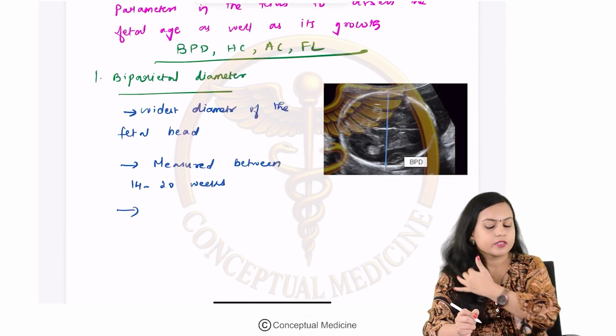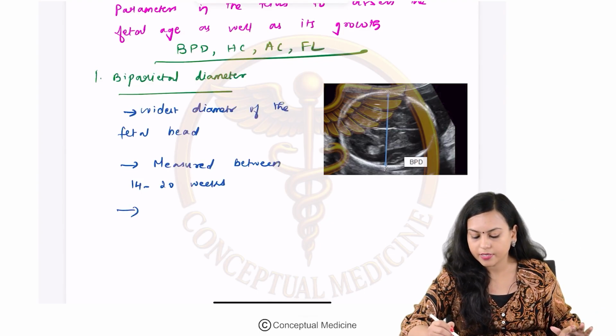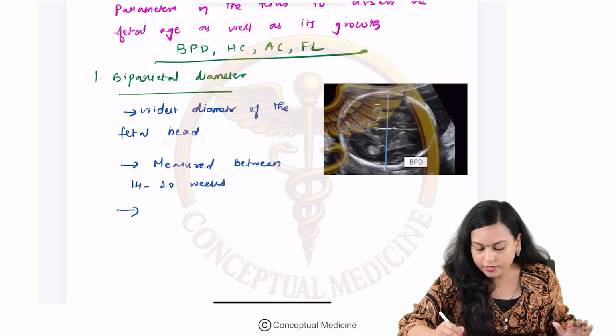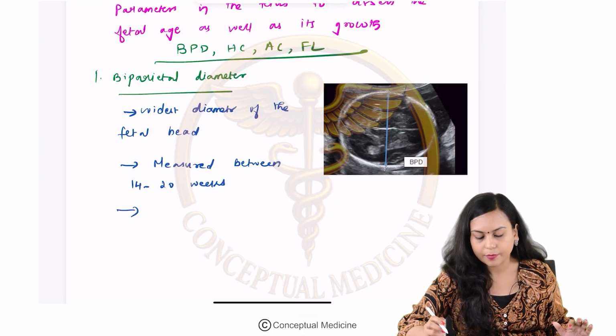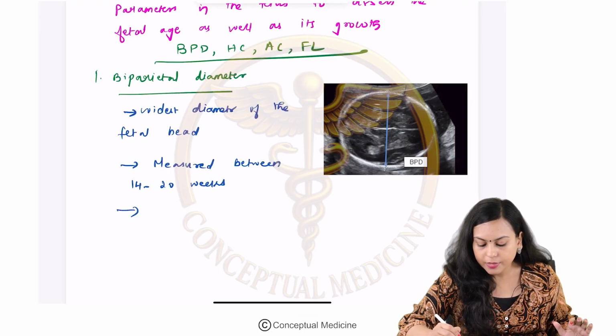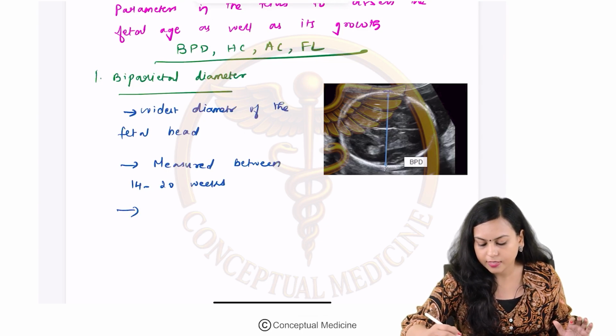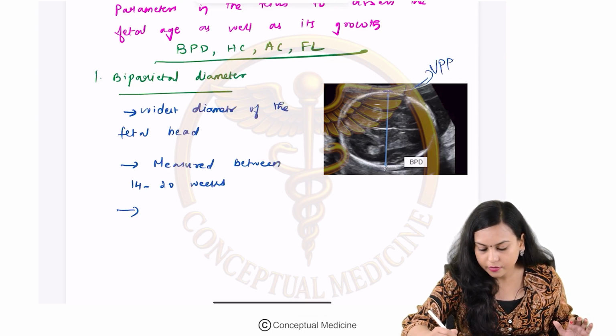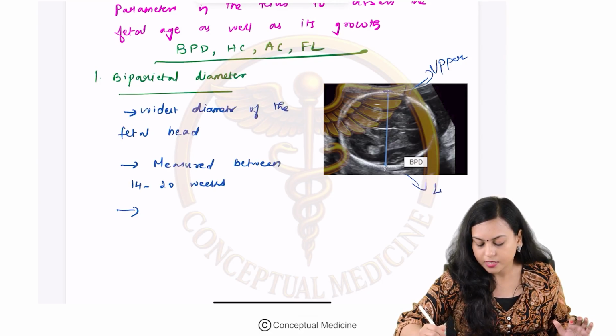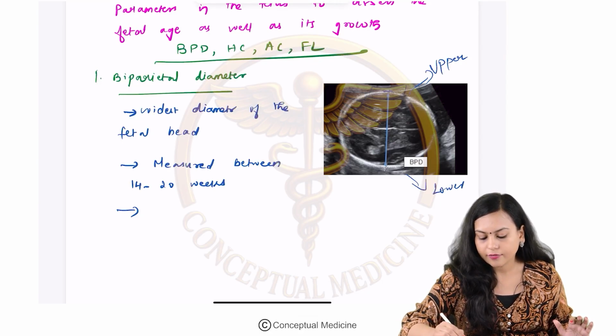How will we be measuring this? See, this is the biparietal diameter measurement, and you see there is an upper caliper and a lower caliper. We'll keep one as the upper end of the skull and the other as the lower end of the skull. So we have two calipers.